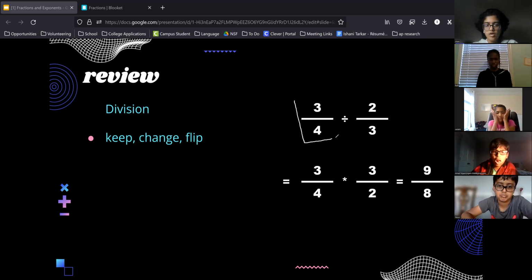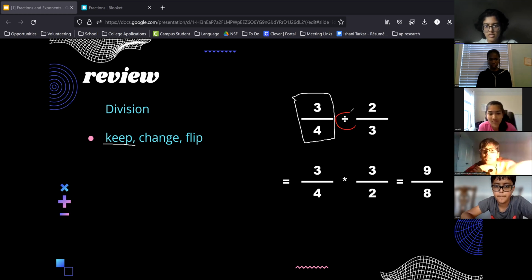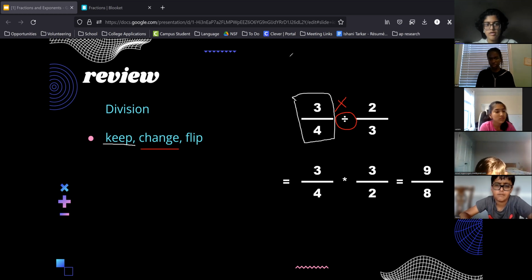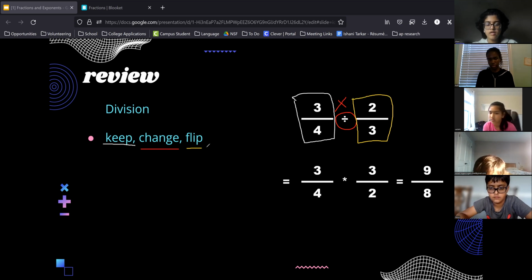But yeah. So what we do for division is we keep the first one the same, right? We keep this fraction the same. Then we change the sign, right? So we change it into multiplication. And then we flip the last fraction, right? Because if you think about it, say for example, instead of 2/3, we were dividing by 2, right?